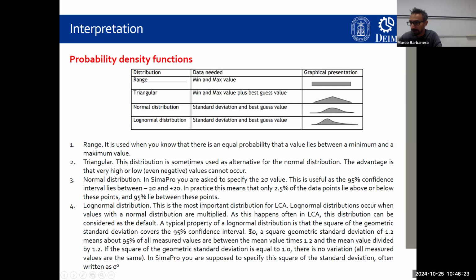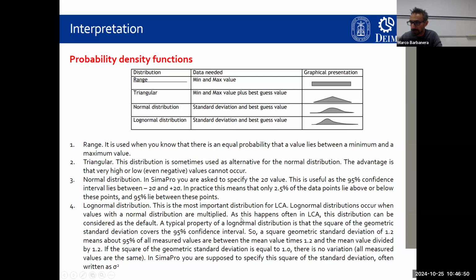In particular, in this case, if we want to define for each parameter the curve, the log normal curve associated to each parameter, it's important to define also in this case the best guess value and the standard deviation as in the normal distribution.